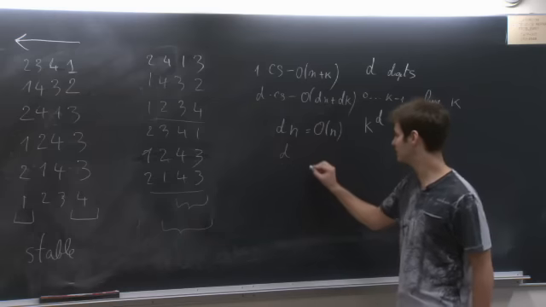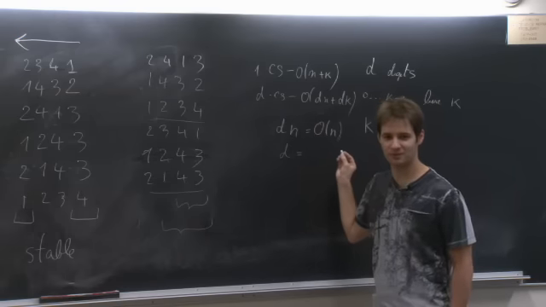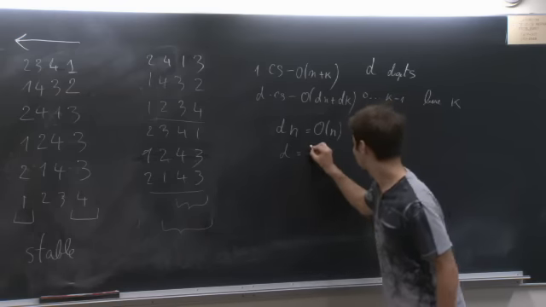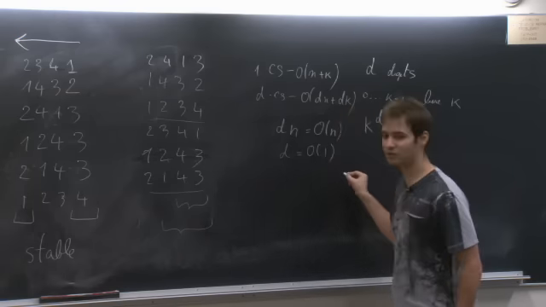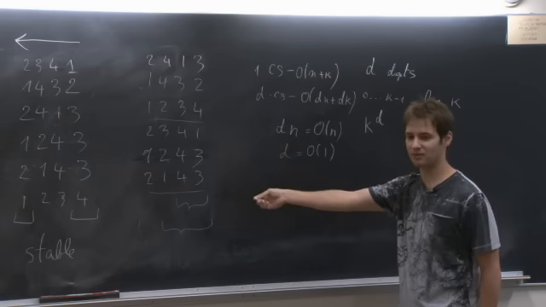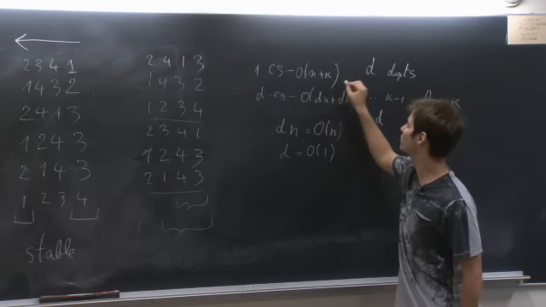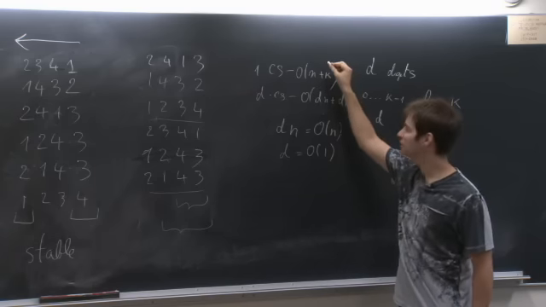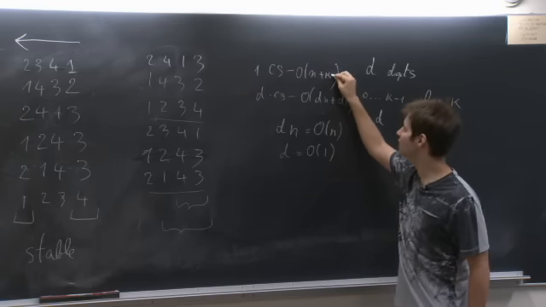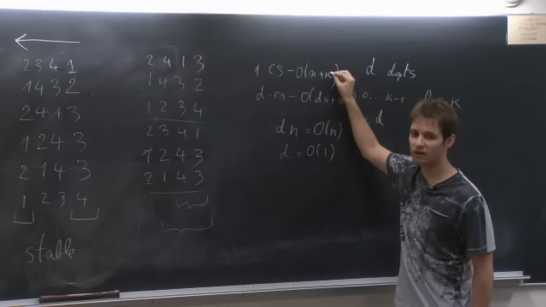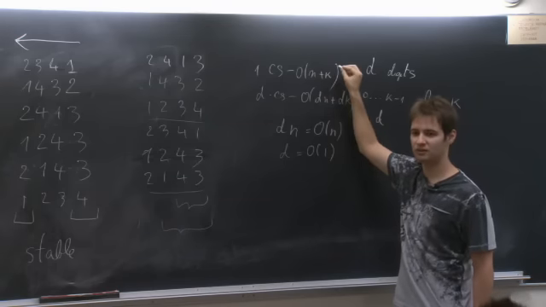Constant. Very good. And how do you write constants in math mode? Order 1. Very good. So d has to be order 1. Otherwise, it's not going to come out to that. Now, what else do we know? We have this, that's order n plus k. If I set k to be a lot smaller than n, if I set it to be log n, it's going to be order n.